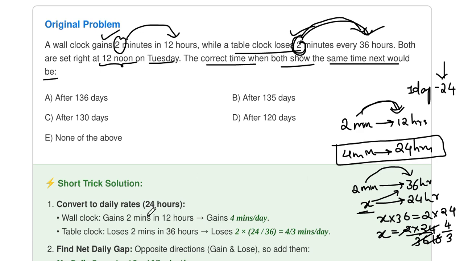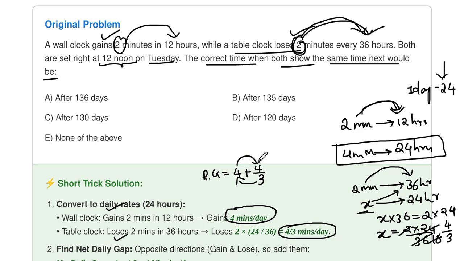So the first clock gains 4 minutes per day and the second clock loses 4 by 3 minutes per day. One clock gains, the second clock loses, so the net gap we have to add. The total rate is 4 plus 4 by 3. If we do the cross multiplication, 4 3s are 12, 12 plus 4 is 16 upon 3. Our formula is simple: 720 divided by the total rate between the two clocks.